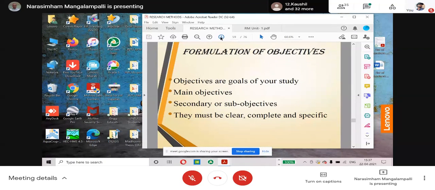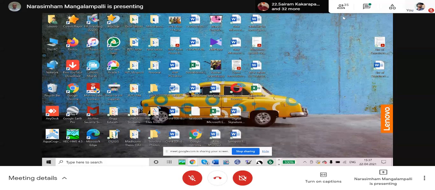Then formulation of objectives. See, earlier I discussed the objectives of doing research. But here, the objective is your objective of carrying out the study. Now, for example, I will project a set of objectives identified by a researcher.